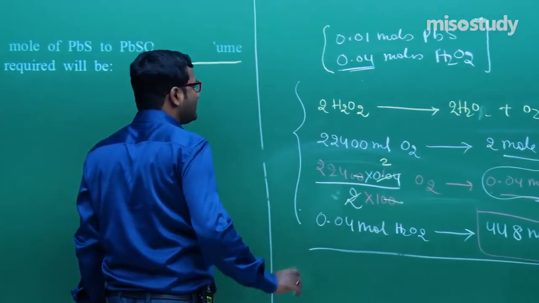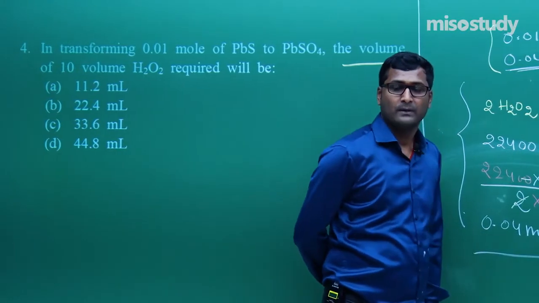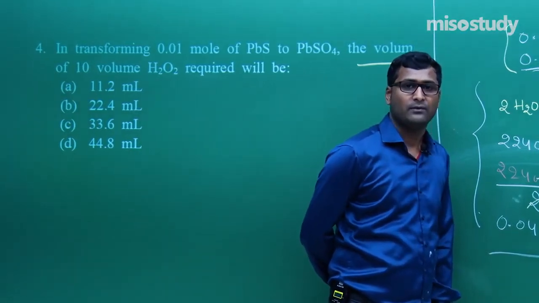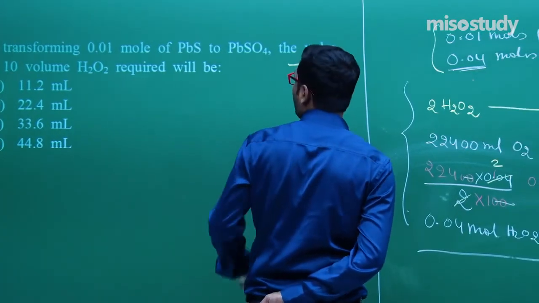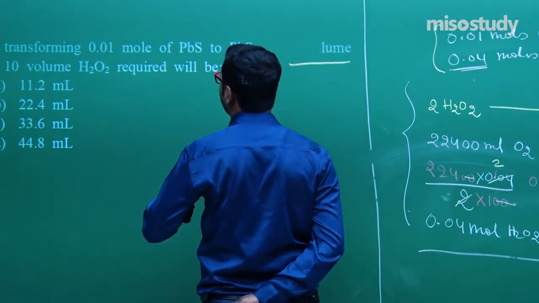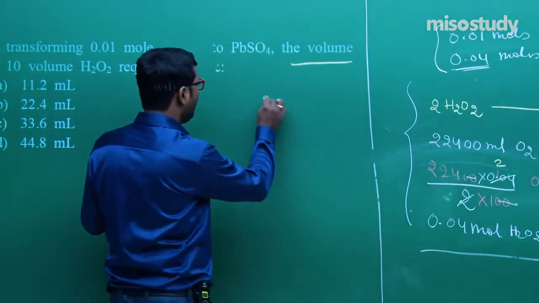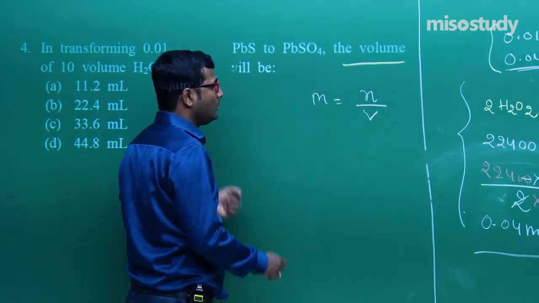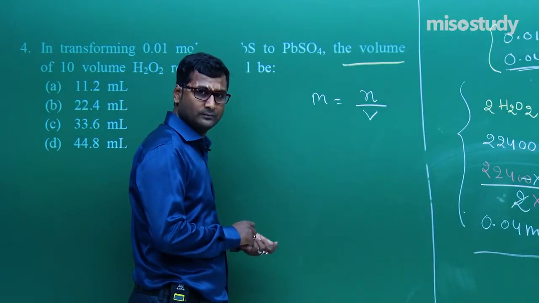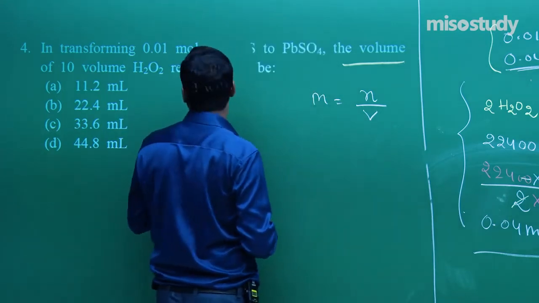Clear? If you have doubt, you can easily ask me. Tell me, friend, if you have any doubt, you can easily talk to me. One more method is also there, you can solve by the formula. We know molarity is equal to number of moles upon volume of solution in liter, and volume strength is number of moles per liter.